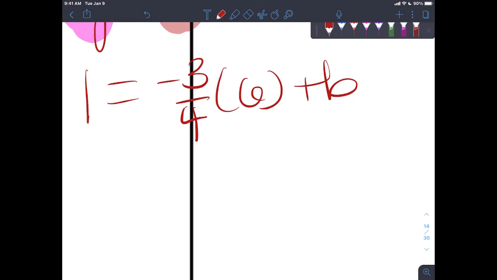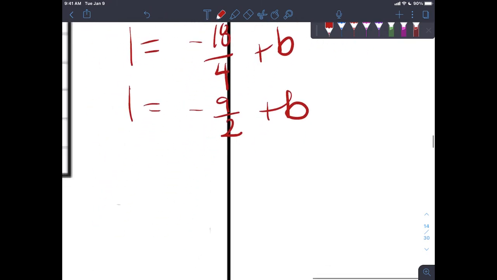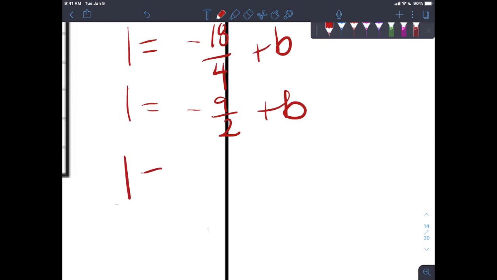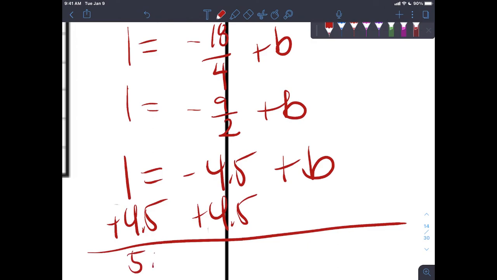So let me go ahead and multiply this out. Noticing that's the same fraction again. So 1 equals -4.5 plus b. Let's move that 4.5. And my b value is located at 5.5.